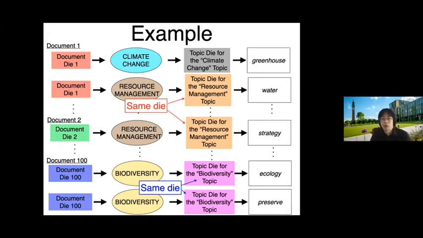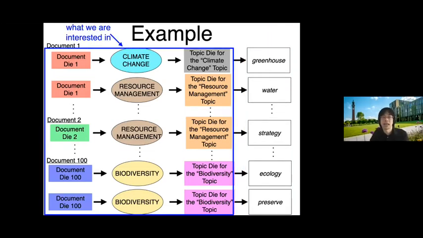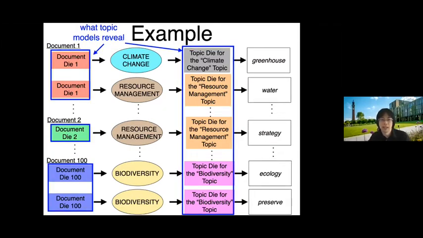Now, the corpus is basically a collection of text. So the most column is what we observe. This list of words is what we have. But what we are interested in is here: this underlying process and underlying dice. And what topic models do is they reveal the shapes of the dice involved.